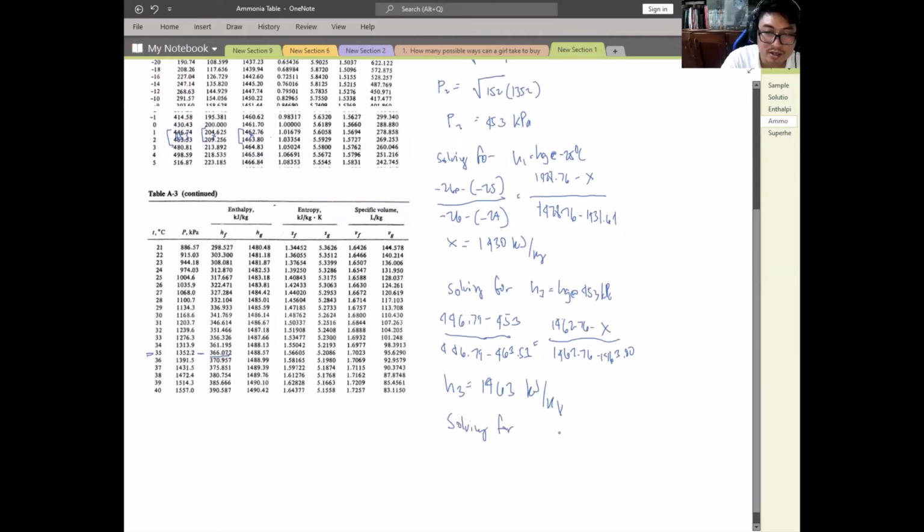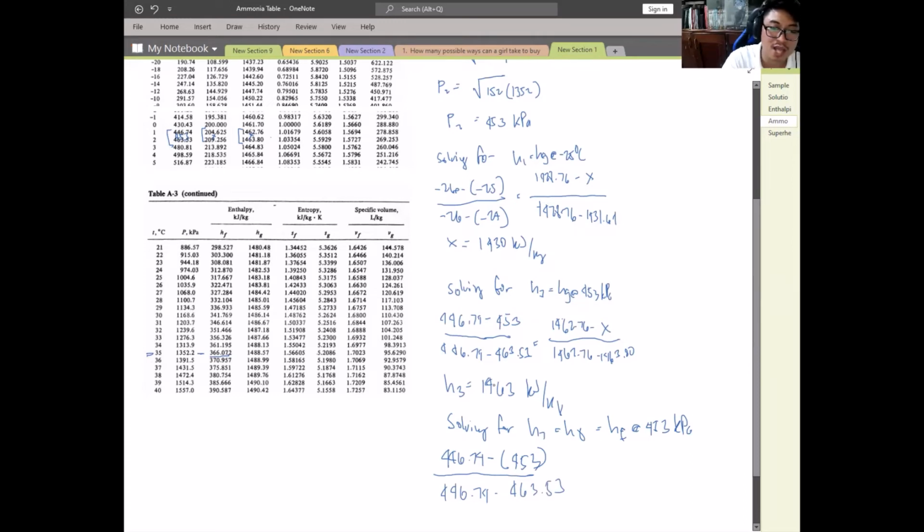Solving for H7 is equal to H8. So, HF at 453 kPa. So, interpolate natin. 446.74. So, ito yung upper limit minus yung pressure, 453. So, upper limit minus the lower limit, 463.53.